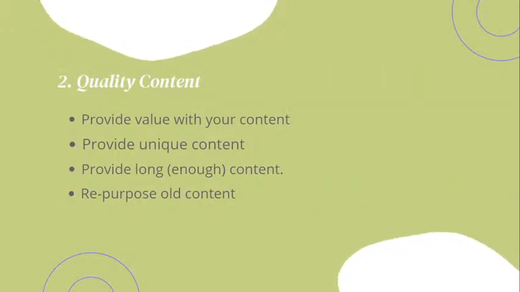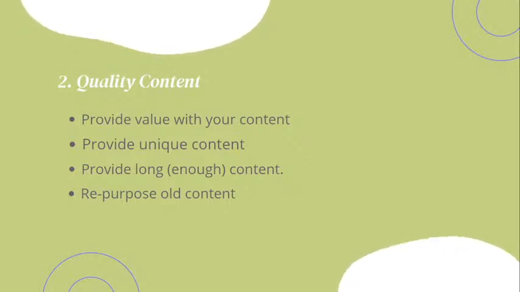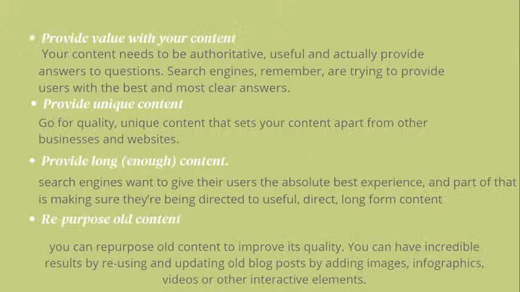Then quality content. Quality content includes providing value with your content, providing unique content, providing long enough content, and reposting your old content. So we go first for providing value with your content.